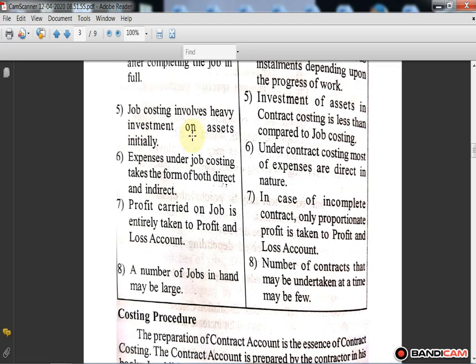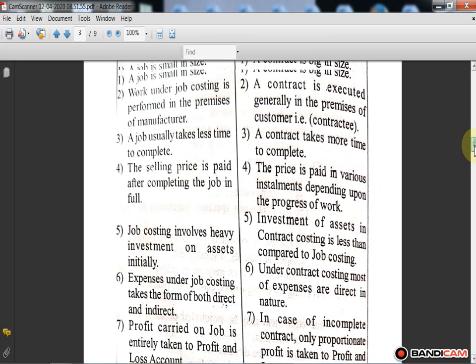Eighth point, the number of jobs in hand may be large. In contract costing, the number of contracts that may be undertaken at a time may be few. So these are the differences between job costing and contract costing.